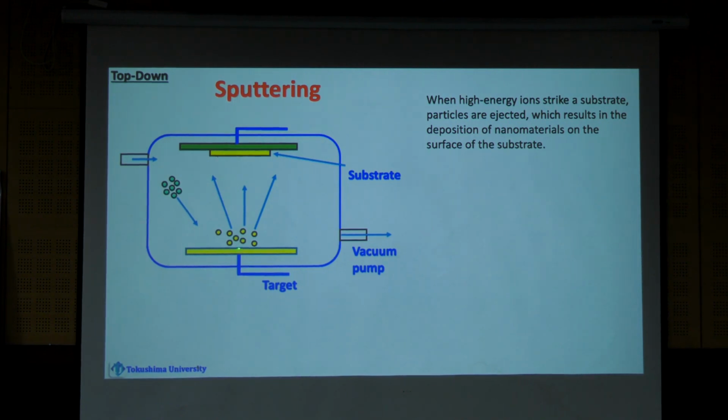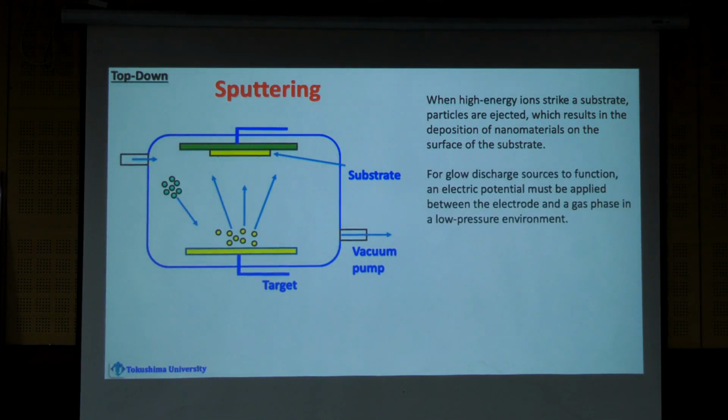Once the substrate is struck with the high energy ions, they try to go toward the substrate, and in this way a thin film can be deposited. It requires various kinds of RF source to activate this target element or target material, and this process is carried out in vacuum condition.